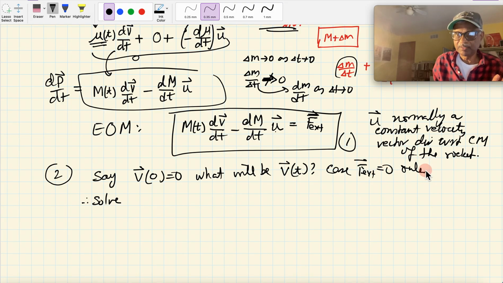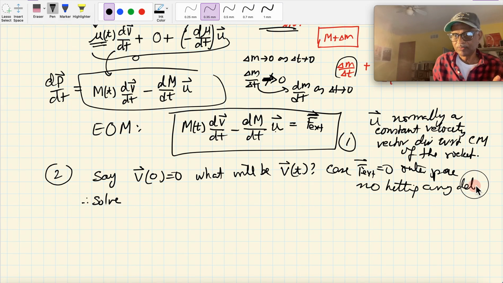This is outer space, not hitting any debris. It's just vacuum. It's not coasting, it's trying to accelerate by burning fuel. So that's the part we're looking at.